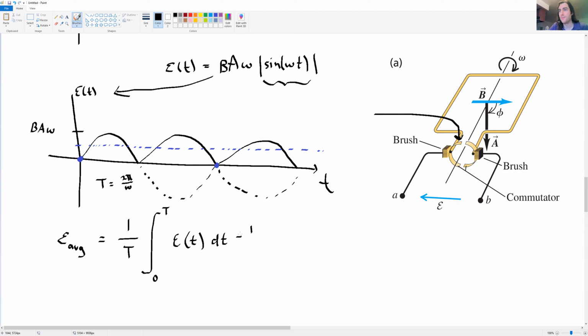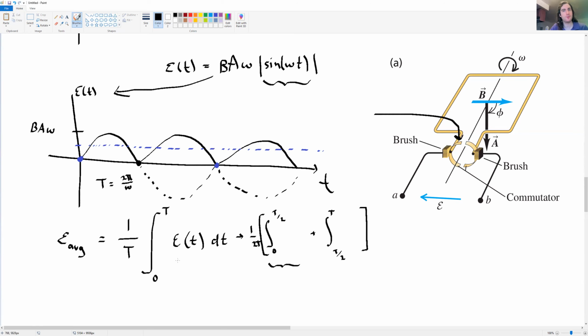So it's going to be 1 over 2T, the integral from 0 to T over 2, plus the integral from T over 2 to T. Maybe some of you who are more comfortable can do this calculation with just a single integral, and it is possible you could just time average over just one of these loops here.